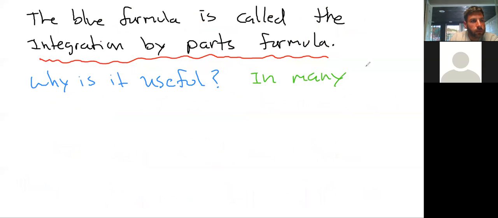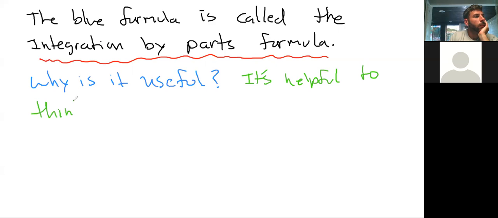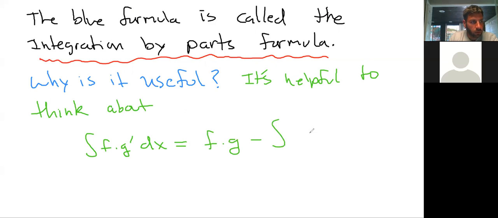So it's helpful to think about this. I write down, we had the integral of f times g prime dx equals f times g minus the integral of, I'm going to rewrite it slightly, g times f prime dx.